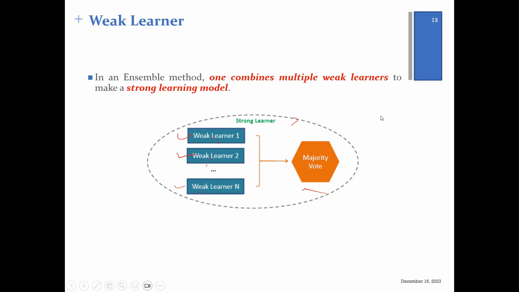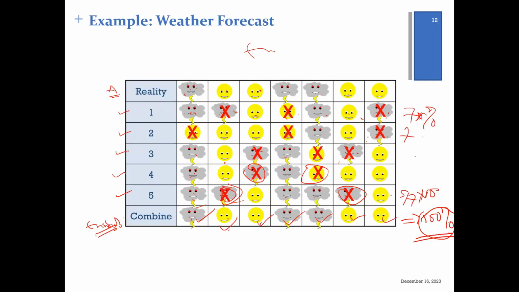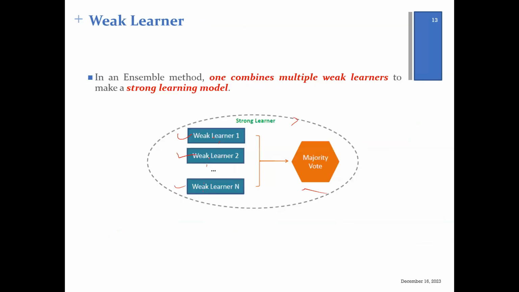So you combine multiple weak learners to make a very strong learning model, as we have demonstrated here, from 77, 78%, we were able to arrive at 100%. From our experience and practice, and based on the principle of let the data speak, ensemble has always achieved better performance compared to individual models.